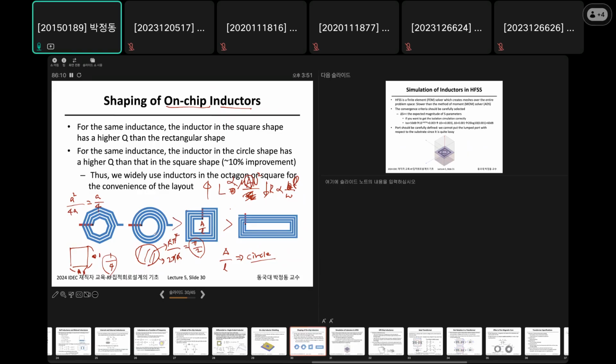But unfortunately, this circle cannot be implemented because of DRC rules, right? That's why we implement an octagonal structure, which is similar to a circle, right? By doing so, we can improve quality factor Q by 10%, which is relatively large.